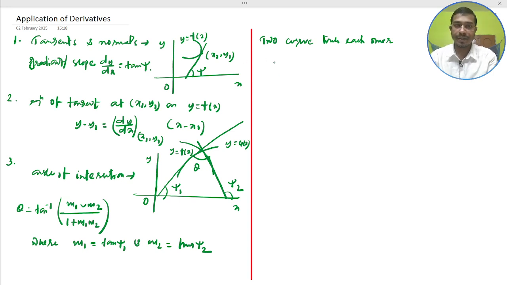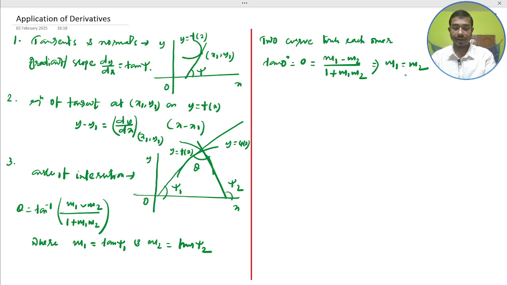So here theta is 0 degrees, tan 0 equals 0, that is (m1 minus m2) divided by (1 plus m1 m2) equals 0, so m1 equals m2.